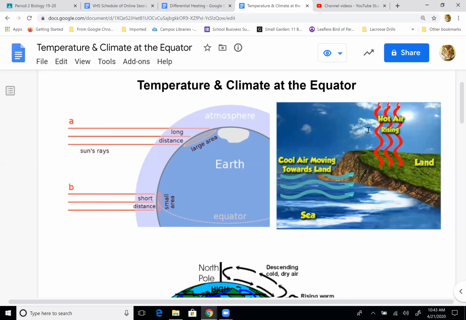And because there's a difference in pressure, okay, the hot air causes an area of low pressure. The cool air causes an area of high pressure. The high pressure air will take the place of the low pressure air, and therefore you have sea breeze. And then this same process occurs on a global level with the land masses and oceans around the world, right?